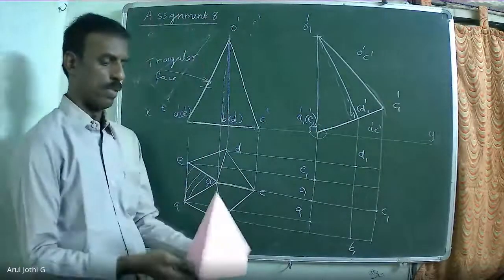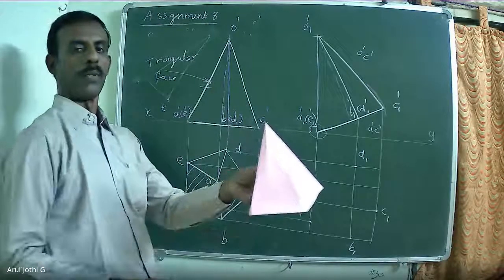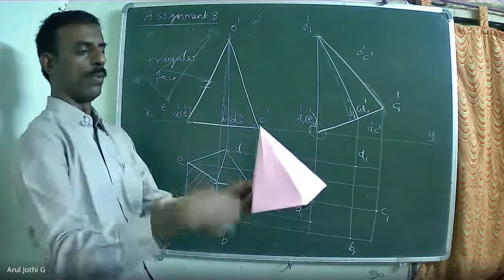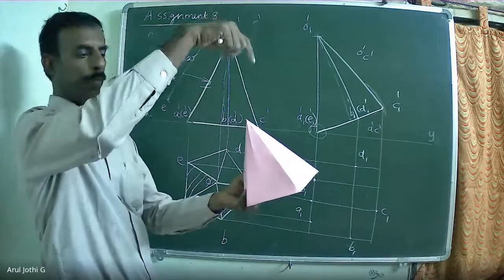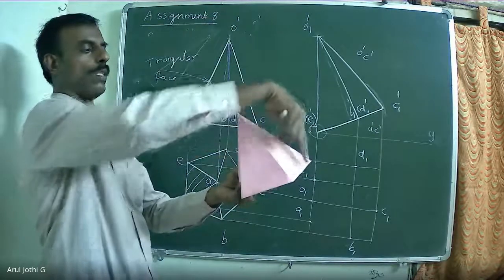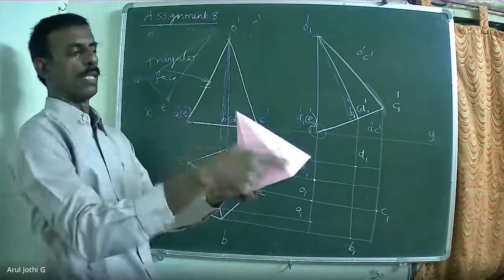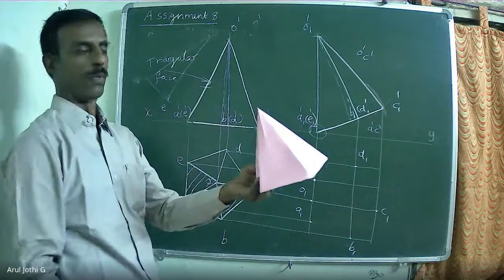Now, when the slant face is perpendicular, or the slant face is vertical, look at the top view. All these base sides will be visible. All the slant edges will be visible.